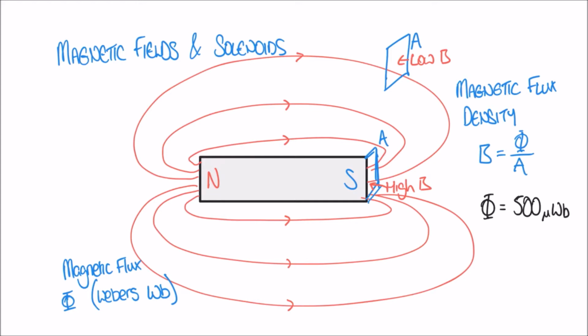And let's say that we know that the area of the end of this magnet is 150 millimeters squared. So 150 square millimeters is our area. And what we want to try and do now is work out the magnetic flux density of this area here at the end of the magnet.